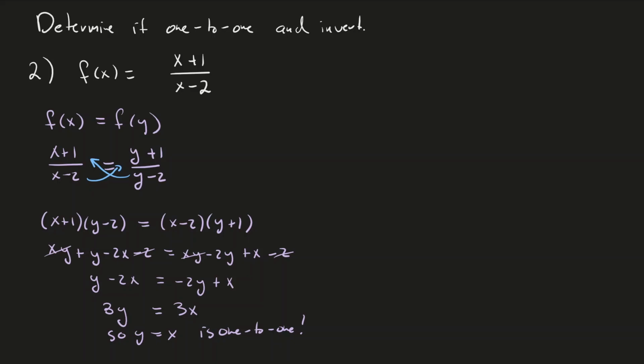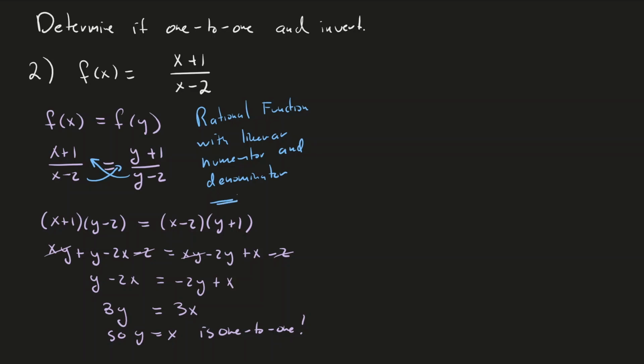And I'll just be honest with you. I'm doing this to demonstrate how this goes. I would be happy if you said this is a rational function with linear terms, we'll say numerator and denominator.